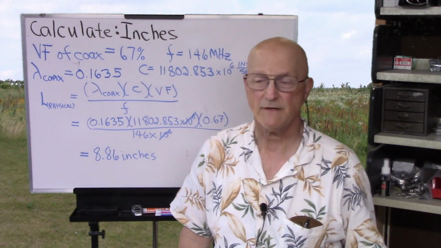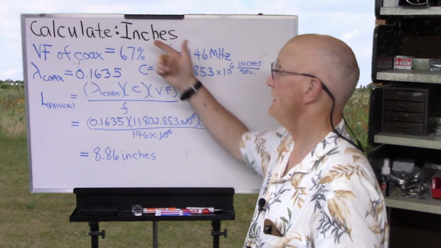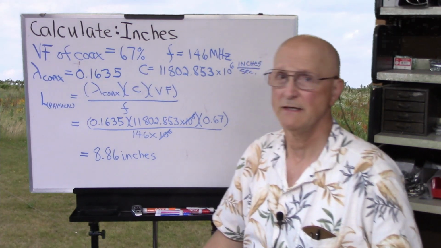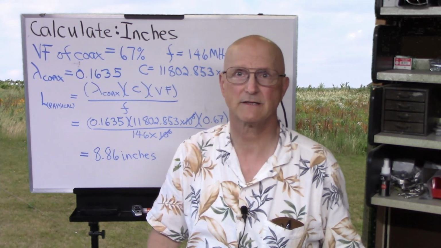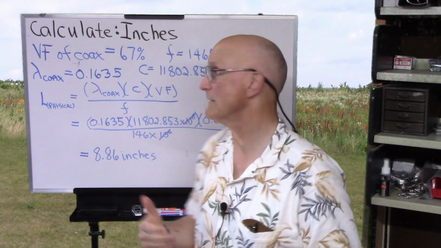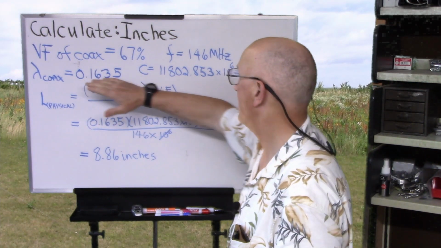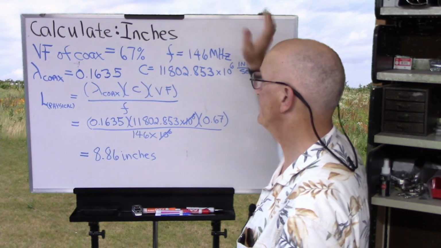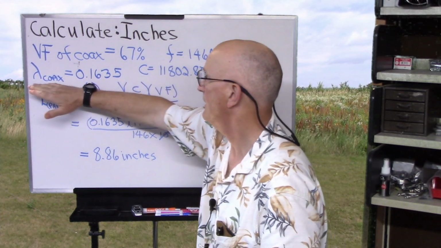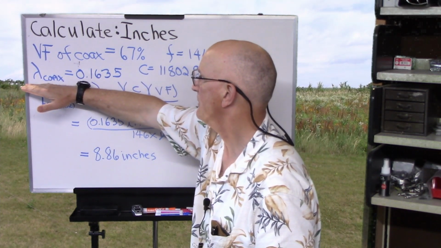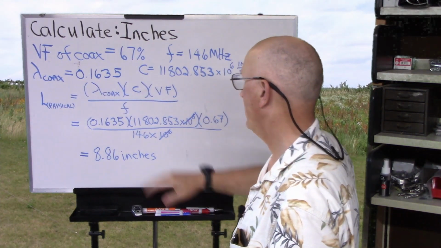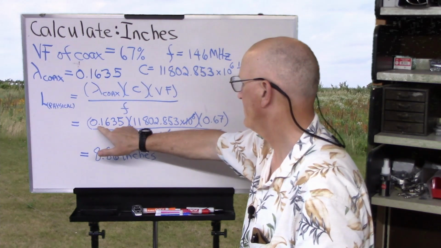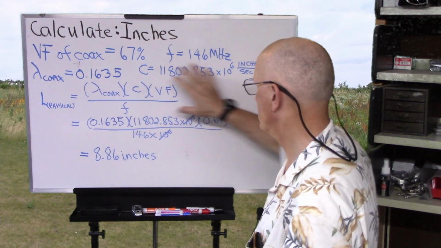Well, the process of calculating the physical length in inches of our stub is exactly the same as we had for the admittance transforming coax, so I'm not going to go through every little step. The only thing that changes in the midst of all of this is this number right here, the electrical length of the coax in wavelengths, and then down here, this is the only number that changes in this whole equation.